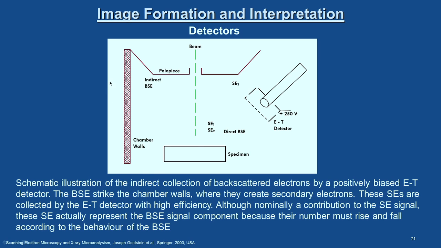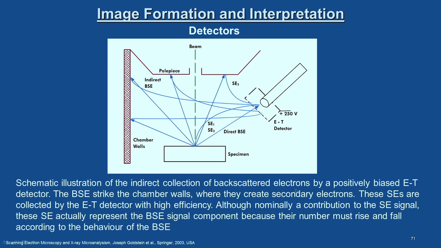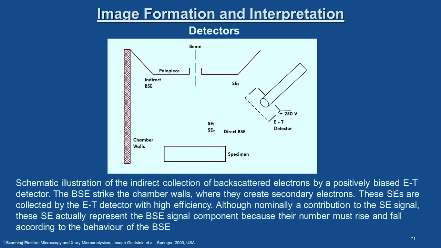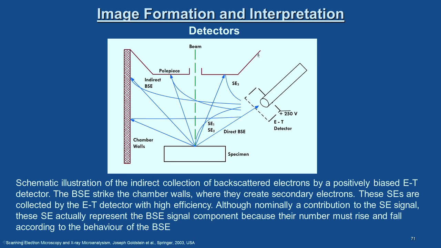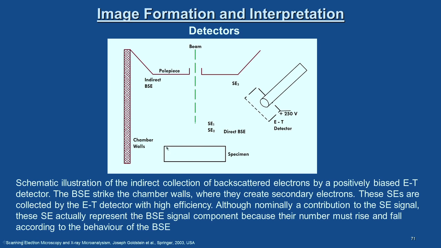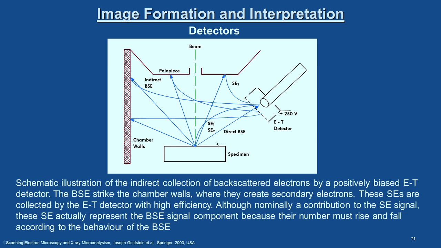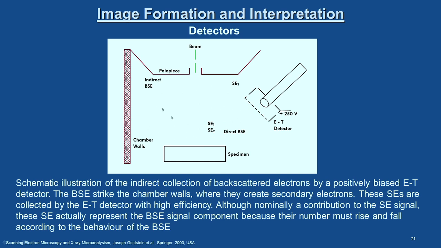What you are now seeing in this schematic is an illustration of the indirect collection of backscattered electrons by a positively biased ET detector. What you see here is the pole piece, and this is the electron beam which is coming and falling on the specimen surface, and then you get signals coming out of the specimen surface like BSE and SEs.